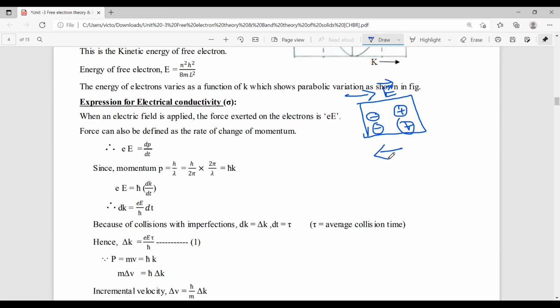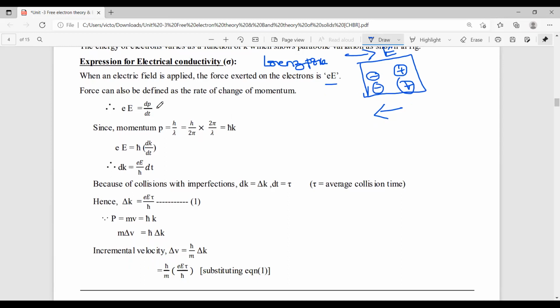Whenever an electric field is applied, a force acts on the electrons, the Lorentz force, equal to eE.